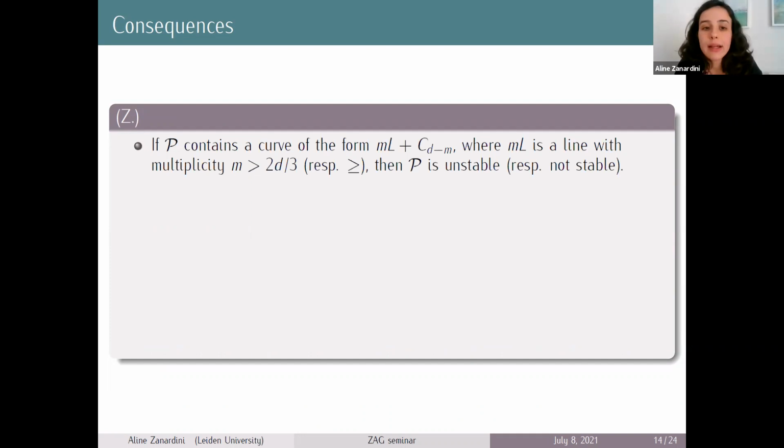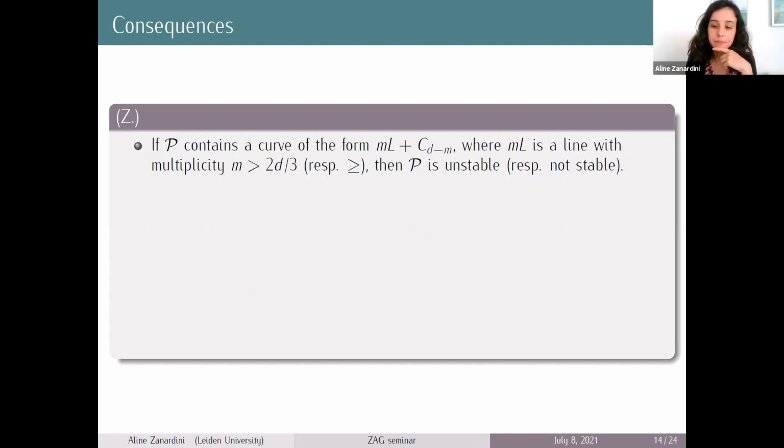You can show that if your pencil contains a curve which has the following form, a multiple line plus some other curve, and the multiplicity of that line is bigger than 2d/3, or greater or equal, then your pencil is unstable, respectively not stable.